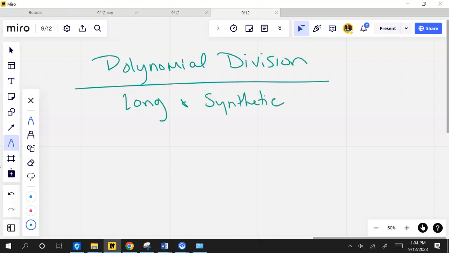Long and synthetic polynomial division. Y'all don't remember polynomial division? Both long division and synthetic division.